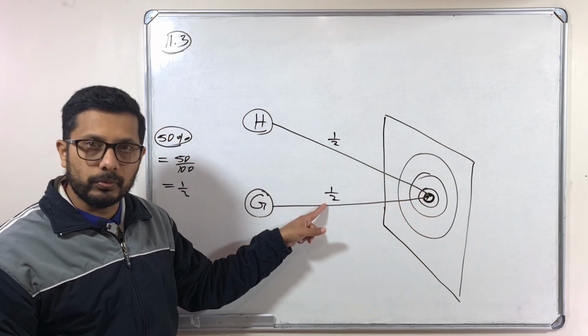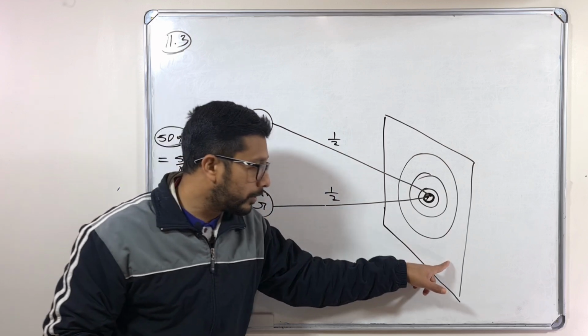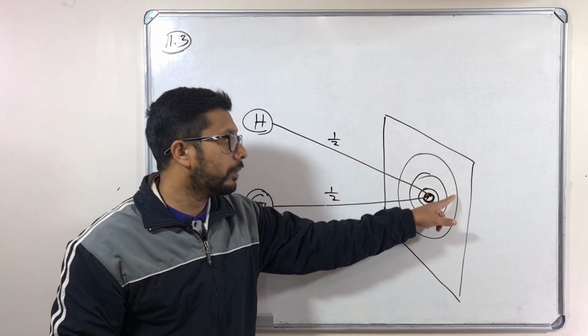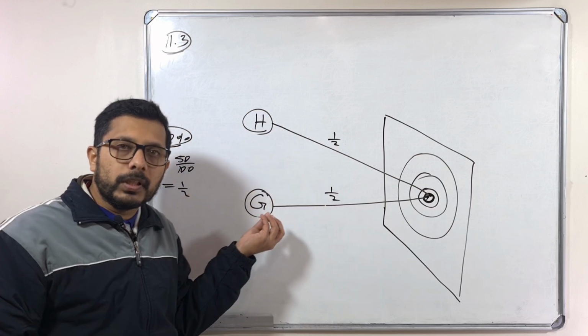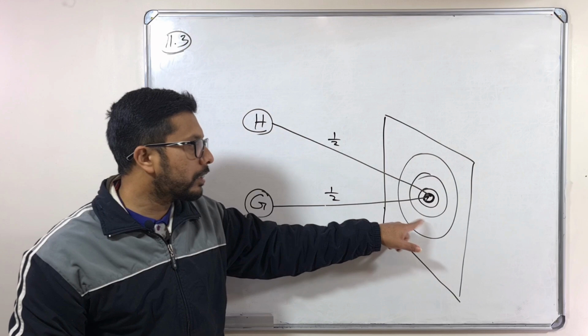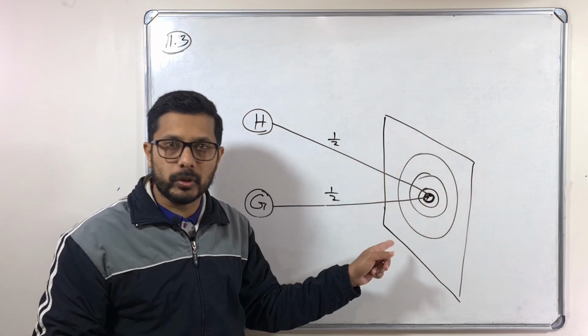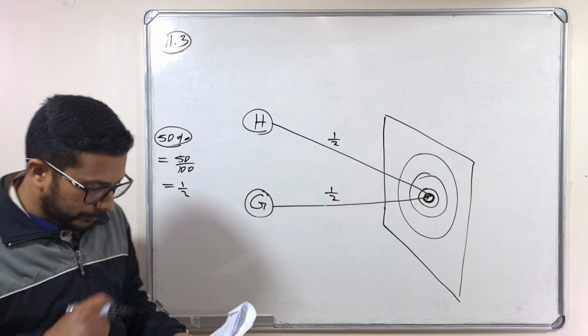That is 1/2, 50%. And what is the chance of hitting somewhere else? That is also another 50%. Half of the chance is to hit the bullseye, so the remaining half is to hit somewhere on the other parts of the board. You understand?